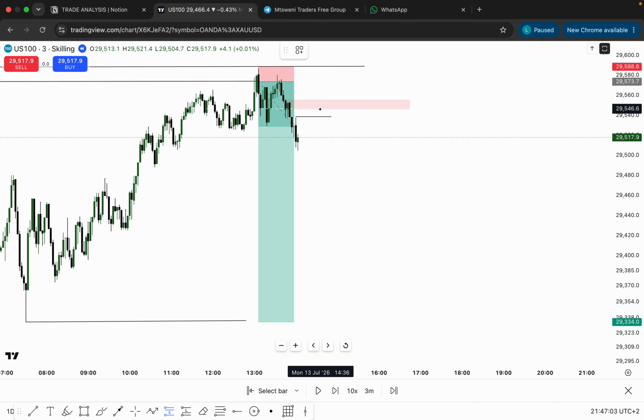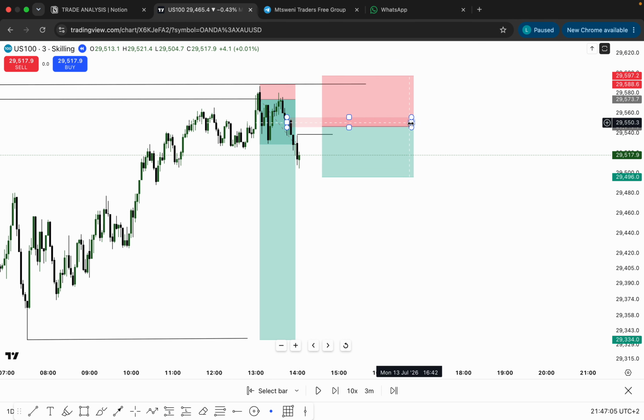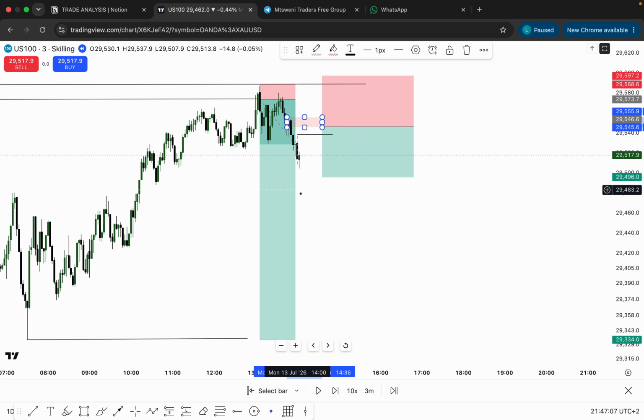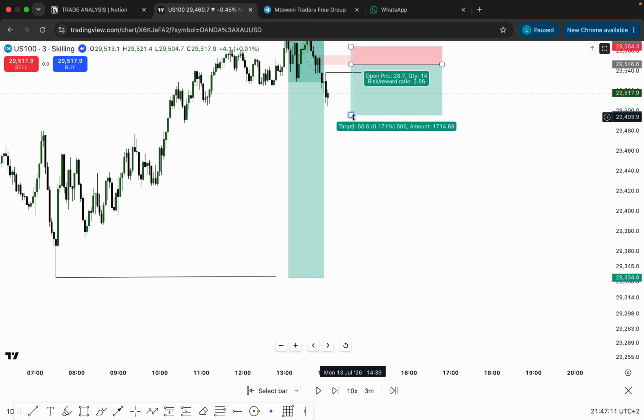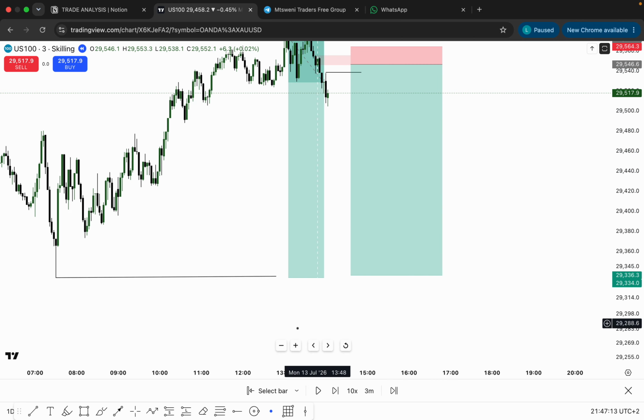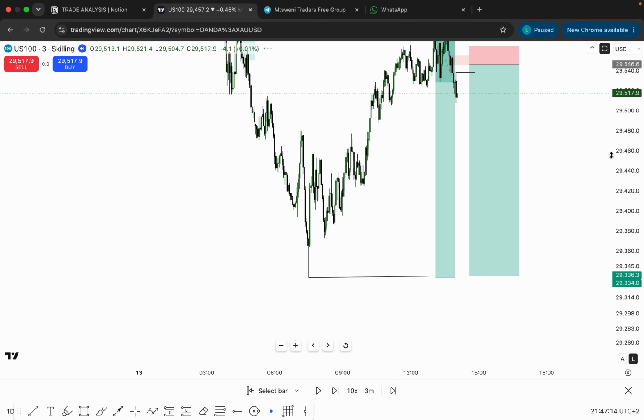So yeah, the second entry for the student came in right about here, and the stop loss was somewhere around here, and then obviously TP like this.